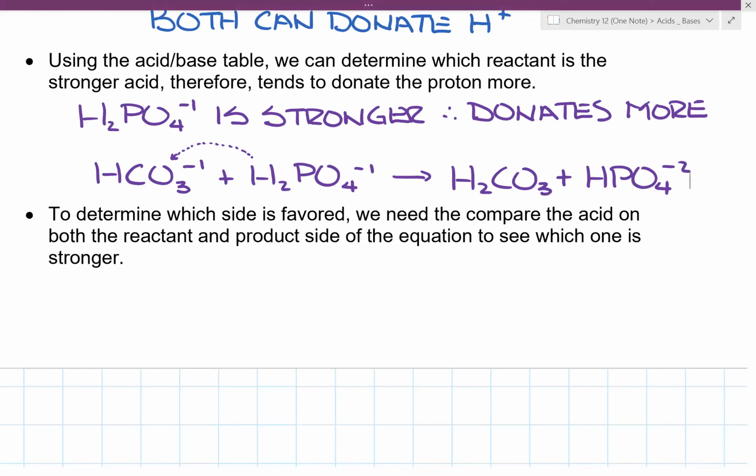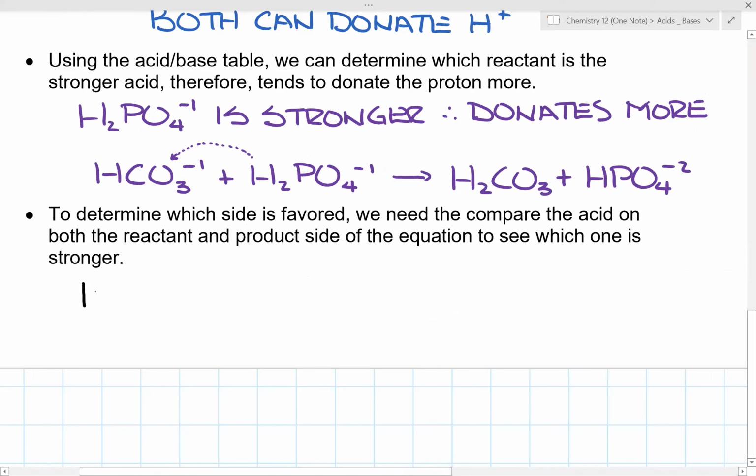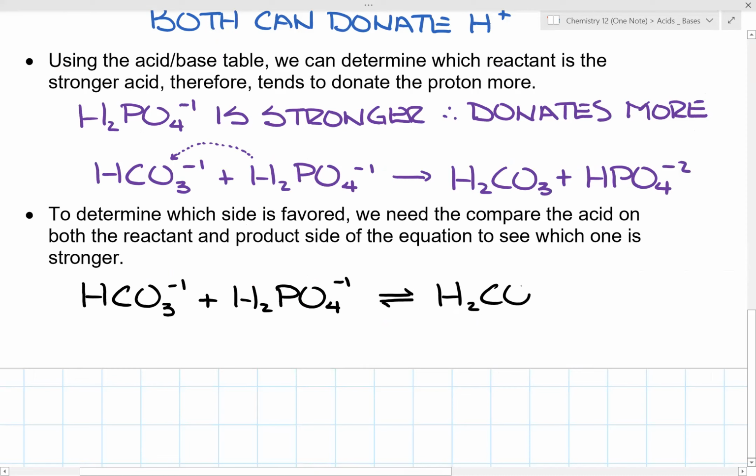So in this particular case, if I were to rewrite this, we have HCO3 minus 1 and H2PO4 minus 1 in equilibrium with H2CO3 and HPO4 minus 2.